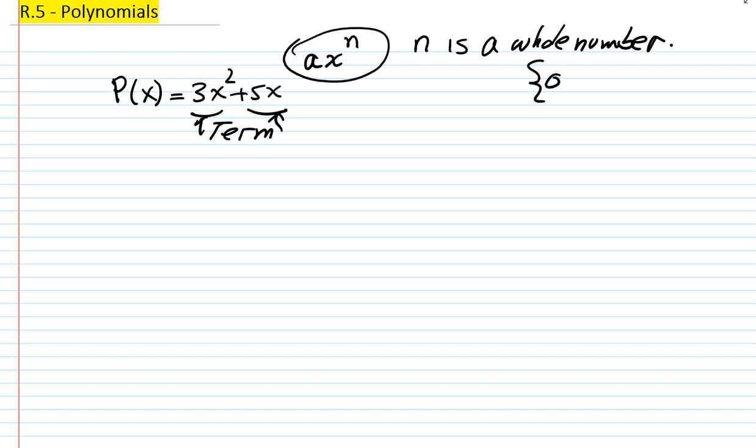And remember, the set of whole numbers is 0, 1, 2, and so forth. So for example, 3x to the 7th. 7 is a whole number, so that qualifies as a term of a polynomial.